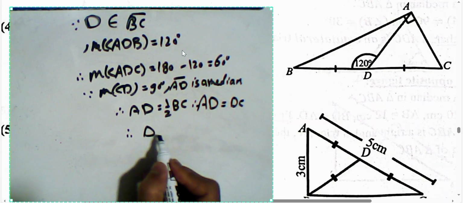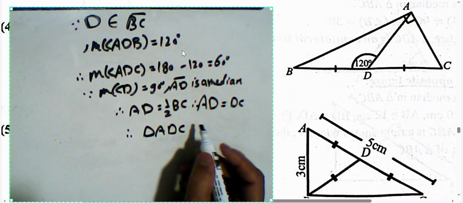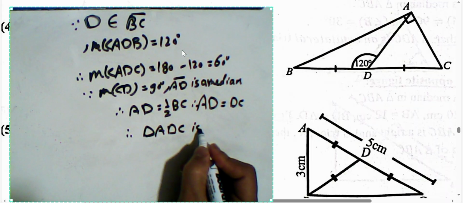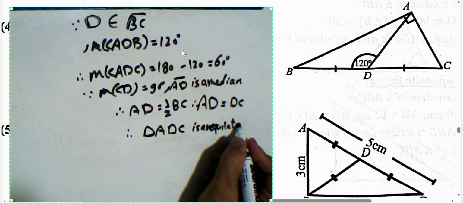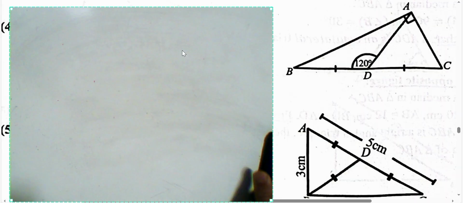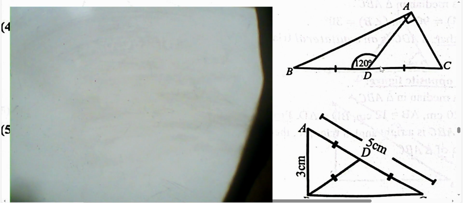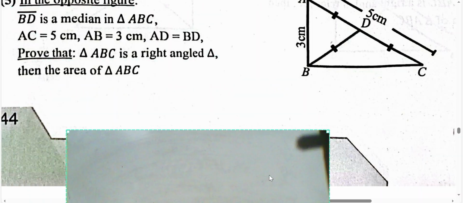Then triangle ADC is an equilateral triangle. It's equilateral because the angle here is 60 and it is isosceles. If we have 60 degrees and isosceles, it converts to an equilateral triangle.